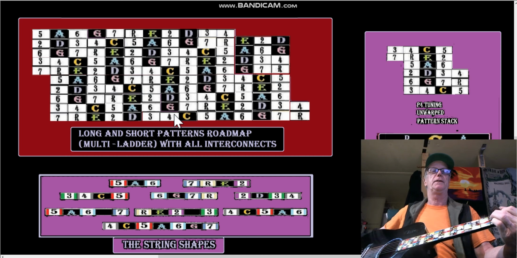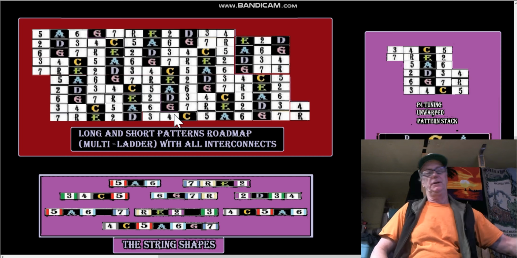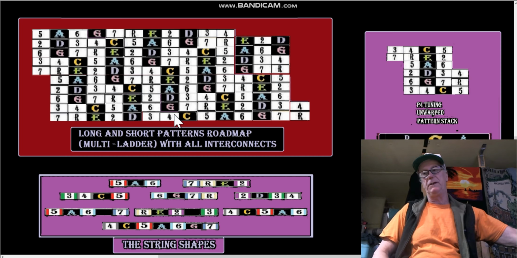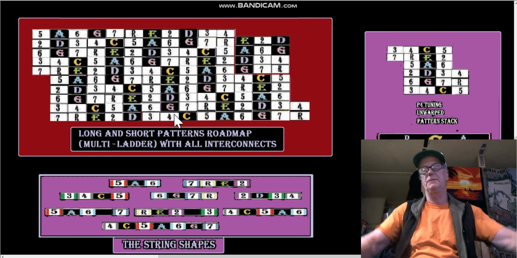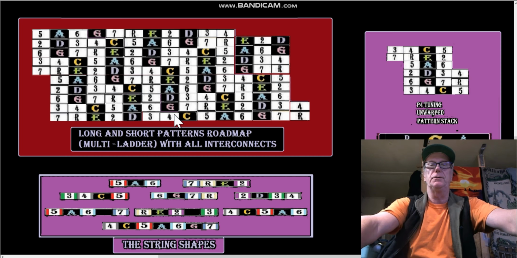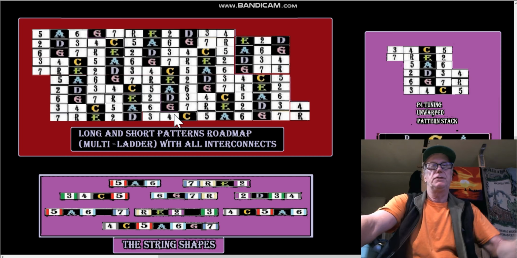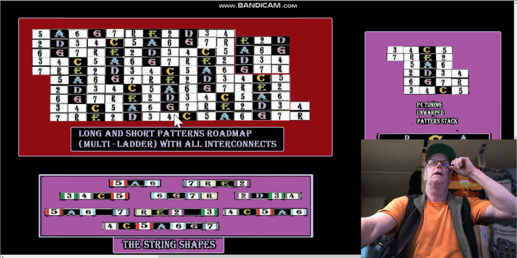Then I have an E flat there. So it's a little different, but I found that's the best way for me to play, because it gives me a little lower register and I can do some bassy support to my little songs that I play.